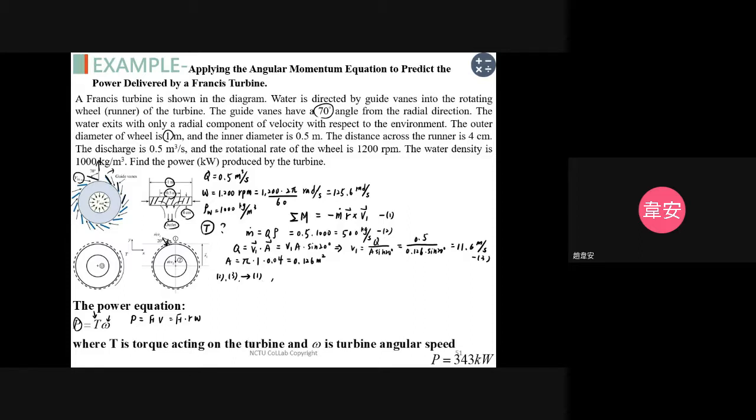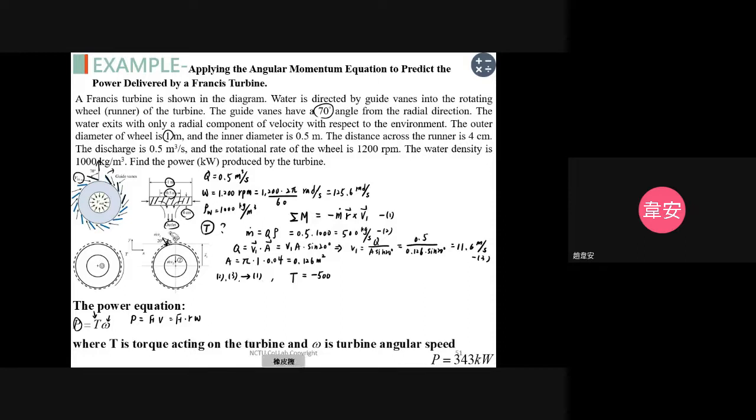The sum of the moment only has the T moment contributing from the distance, and there is a minus, and we have the mass flow rate, but right now we need to take the cross product with the velocity.